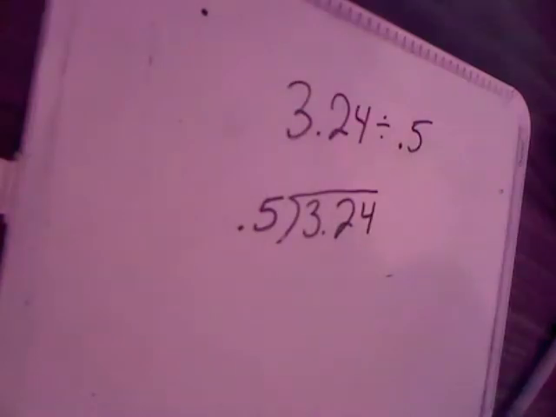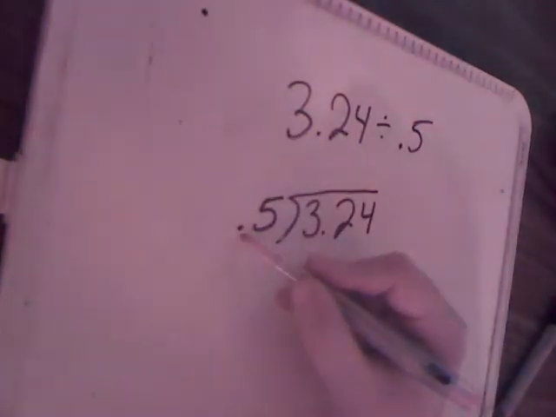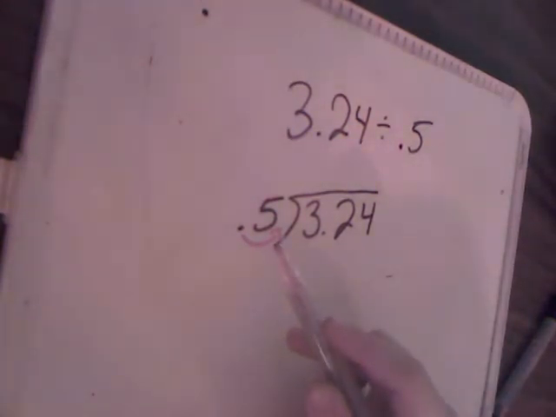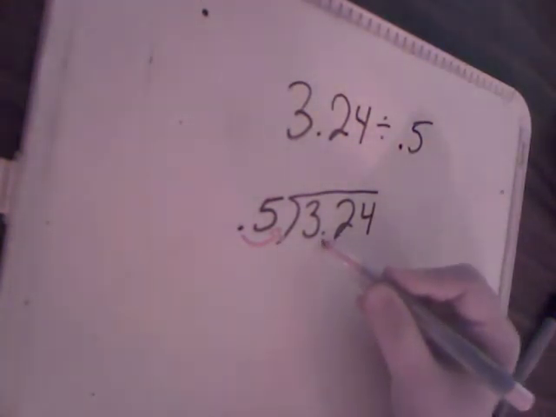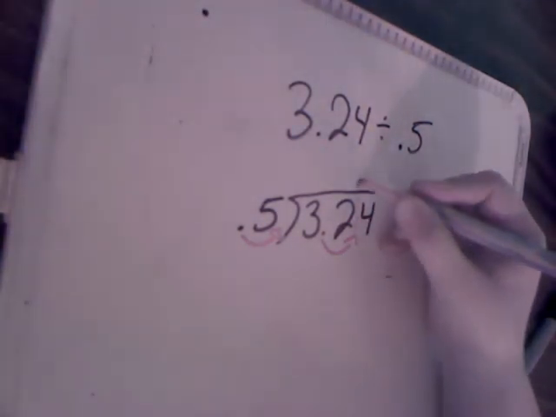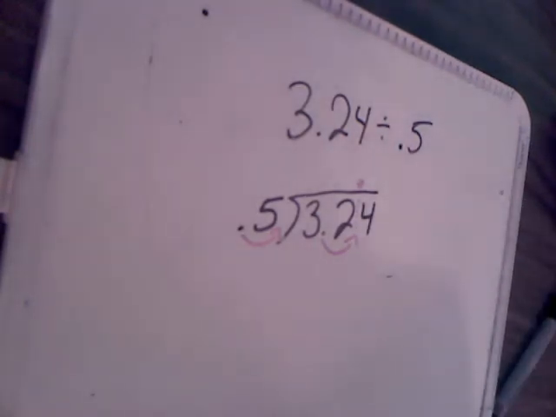So we're going to have to move this decimal point one spot. Because our little hand motion tells us that the decimals have to stay the same distance apart, because this decimal point has moved, we also have to move this decimal point one spot. So our decimal point is now here, so we're going to move this up to the top. That's where our decimal point is in our answer.